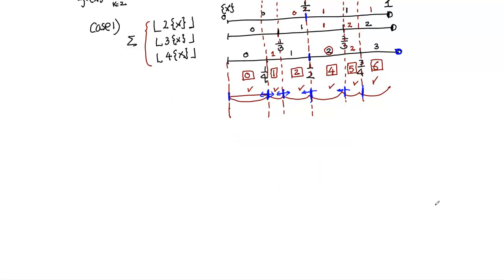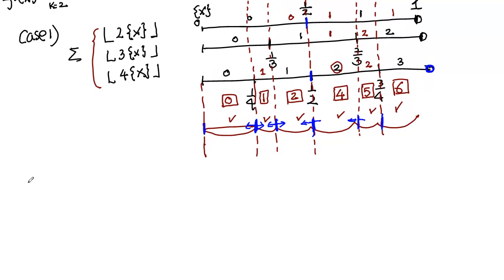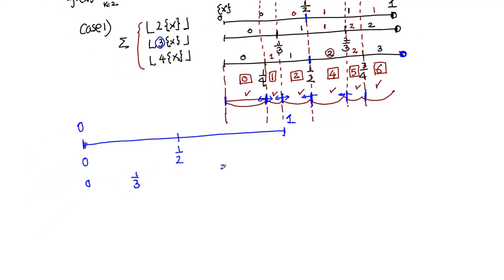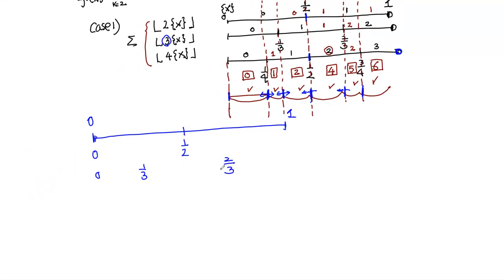I'm going to use some numbers here. 2 first. This is 0, 1. When you have two bars over here, 0 and 1/2, on these two numbers, there are 2 bars. When you have 3 bars, 0, 1/3, 2/3, right?